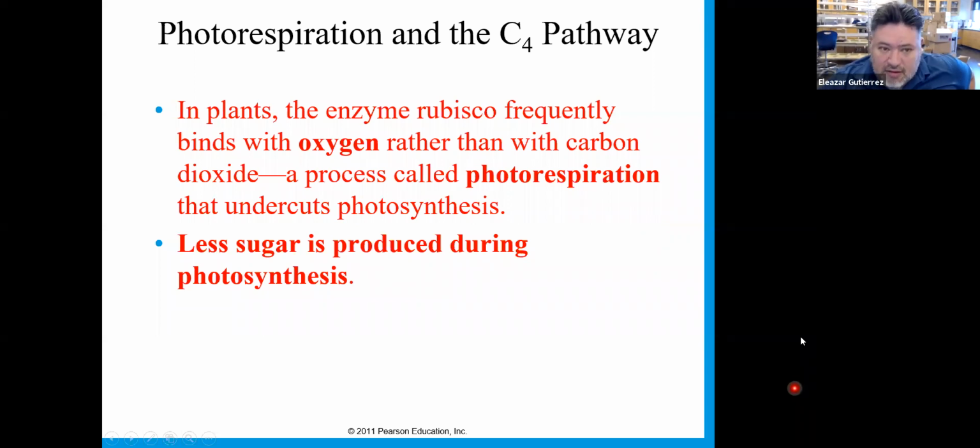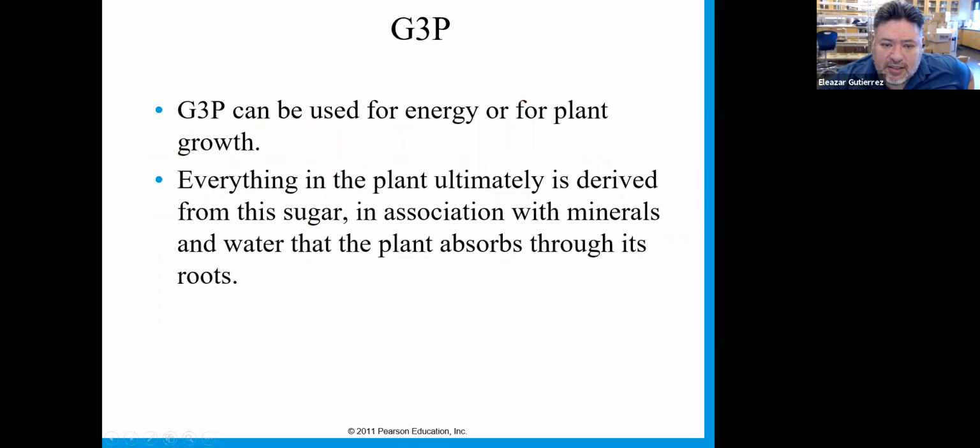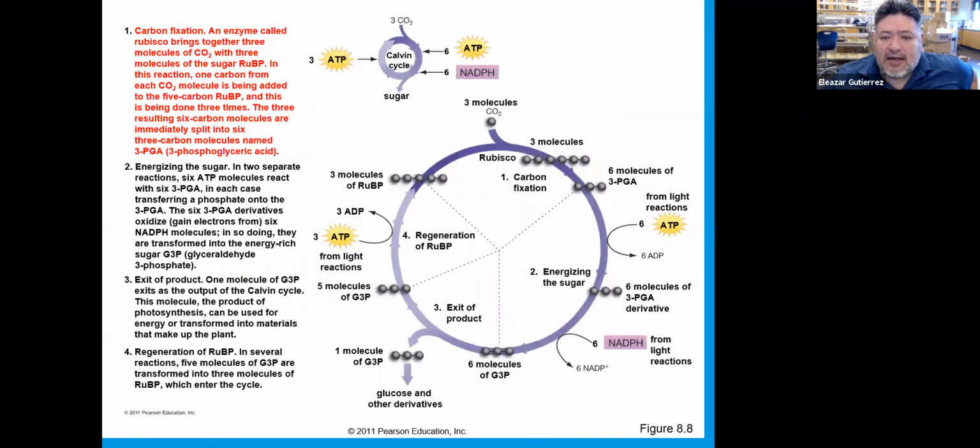So if you notice back on the carbon fixation, notice that a carbon dioxide comes together with a 5-carbon sugar, ribulose bisphosphate, to form a 6-carbon sugar to fix carbon.